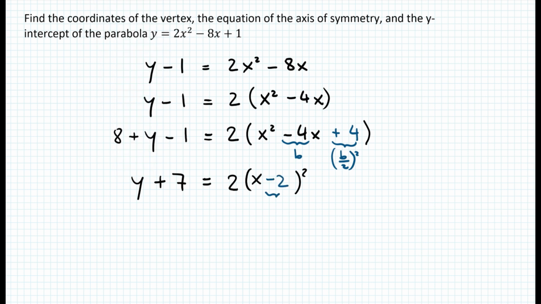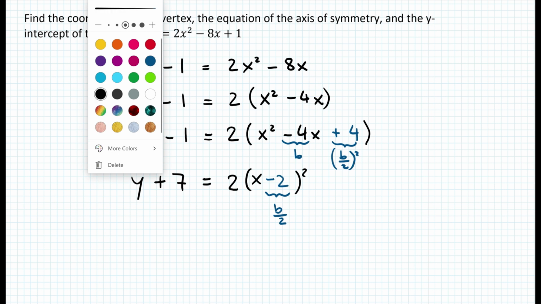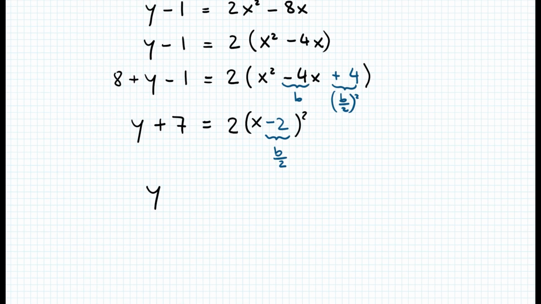Again, the minus 2 just comes from b over 2. So now we just write y is equal to 2 times x minus 2 squared and then minus 7.